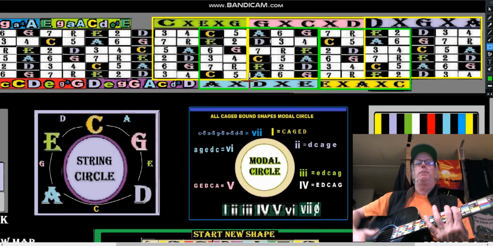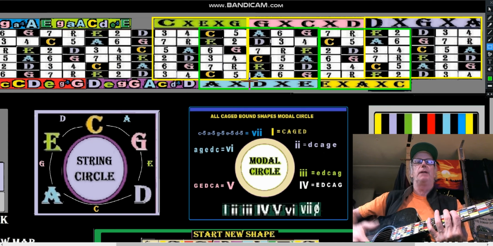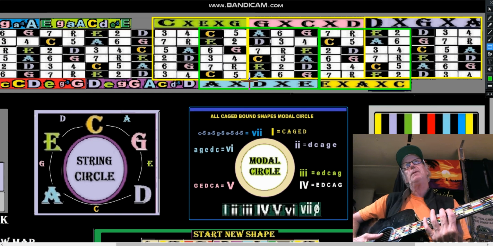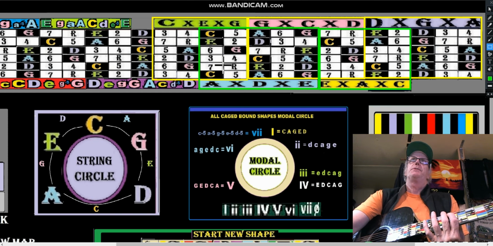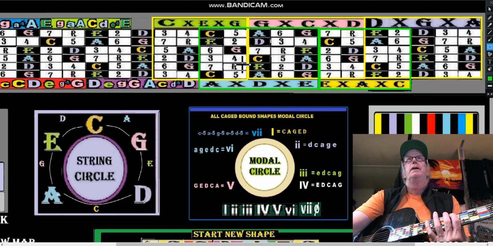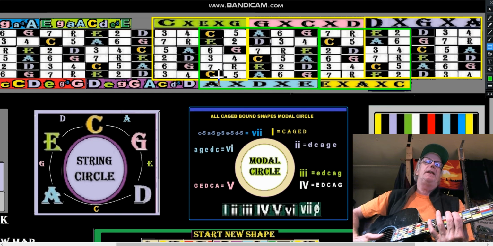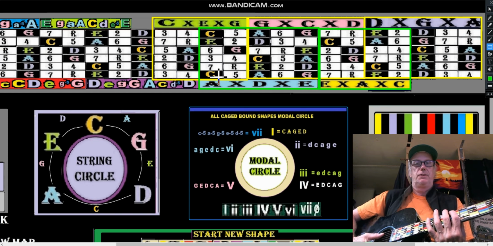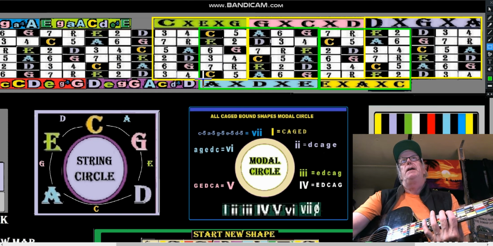So piano players like to see things in black and white like that. Remember that first of all, the letters represent the string shapes, so they're not inaccurate, and also the black notes just represent the no plays in that particular cage, and also in that string shape right there.